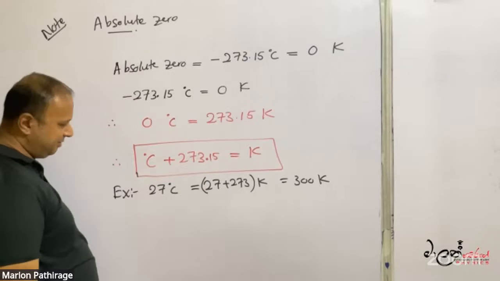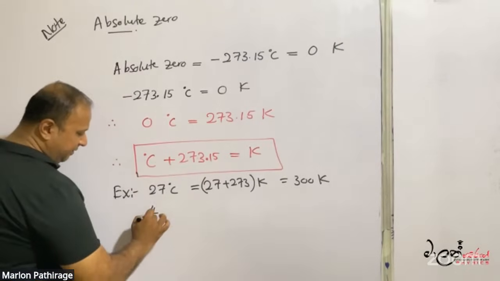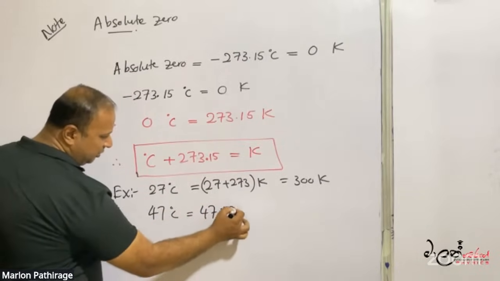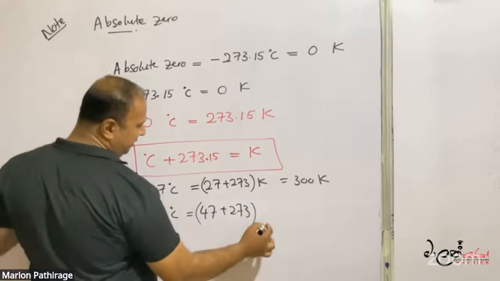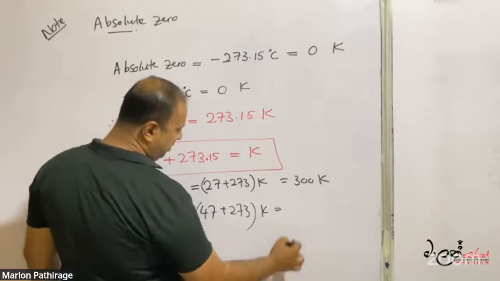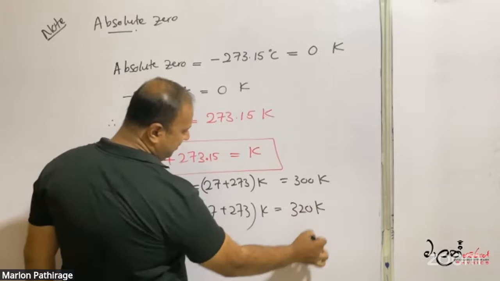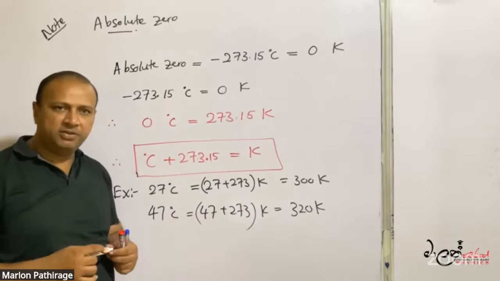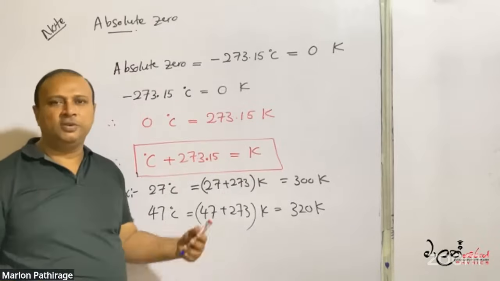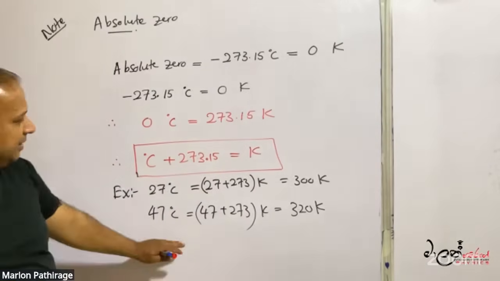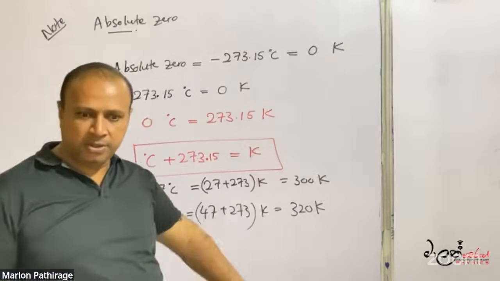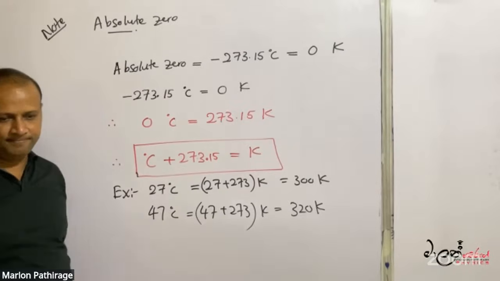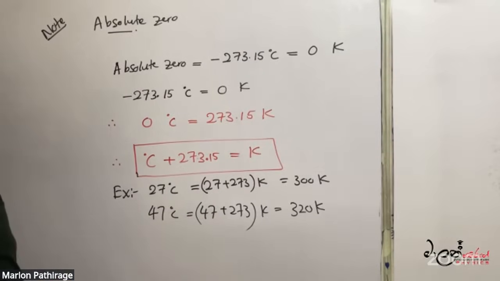Next, 47 Celsius is equal to 47 plus 273 Kelvin, that means 320 Kelvin. Therefore, if you are given a Celsius scale, you have to add 273 to convert it into a Kelvin scale. Is that clear? If you got this, please raise your hand. Okay, thank you.